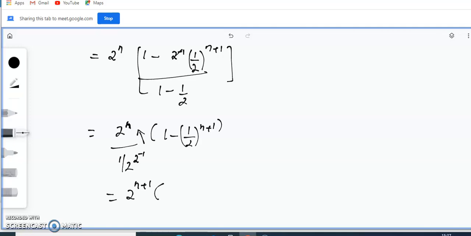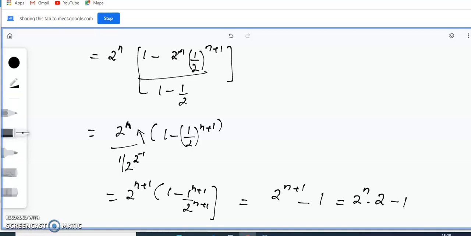Then again inside you are having 1 minus 1 by 2 raised to n plus 1. Here also raised to n plus 1 doesn't matter, isn't it? So what will this be? Take this 2 raised to n plus 1 inside, you will get 2 raised to n plus 1 minus 2 raised to n plus 1 by 2 raised to n plus 1. That is 1. So this is 2 raised to n plus 1 minus 1. Or you can say that this is equal to 2 raised to n into 2 minus 1.